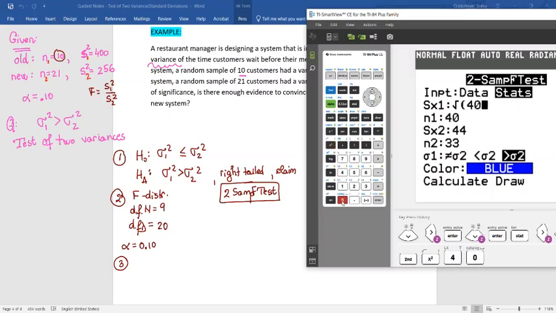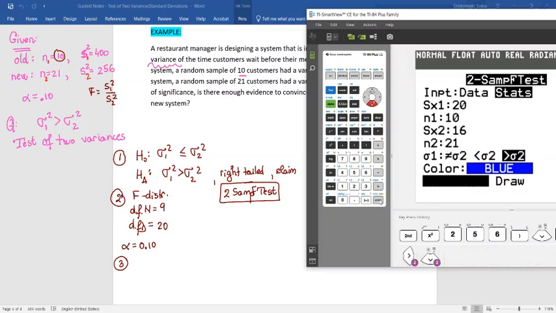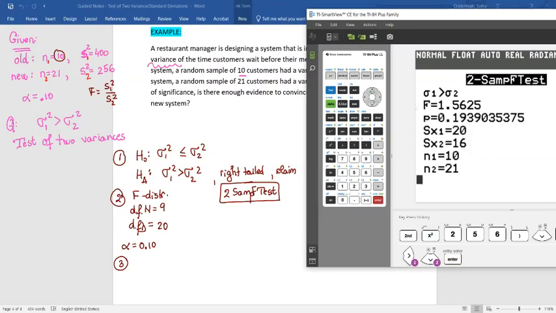Make sure you enter S1, okay? N1 was 10. S2, I will do the square root of 256 and N2 is 21. We are doing a right tail test and hit enter. And this is what we have. F is 1.56 and P, this is a large P.